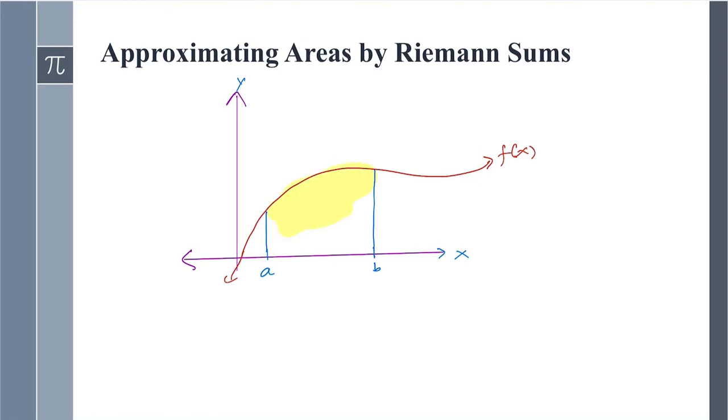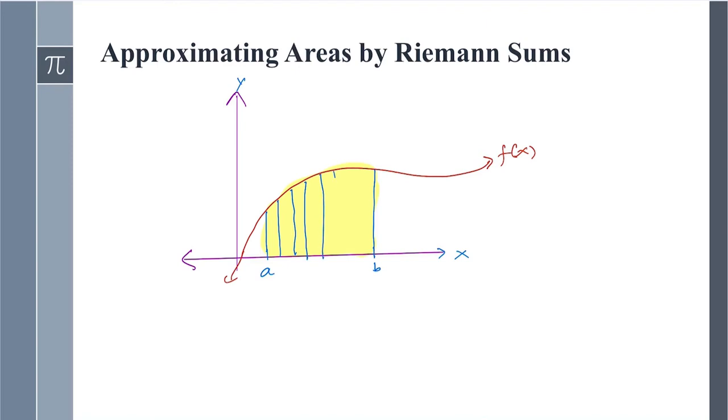I want to find the area of this region here. The idea behind this Riemann sum is we will divide this region into smaller rectangles.